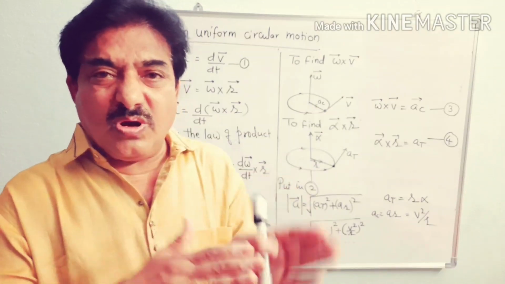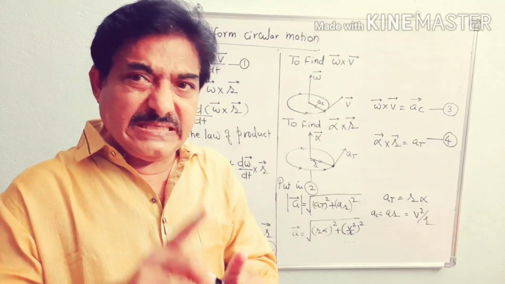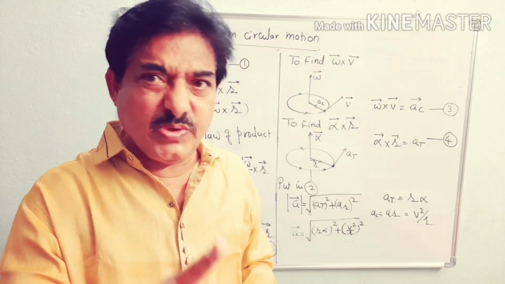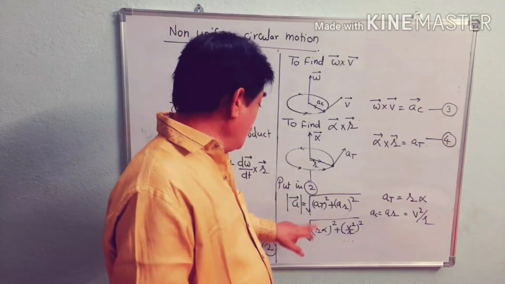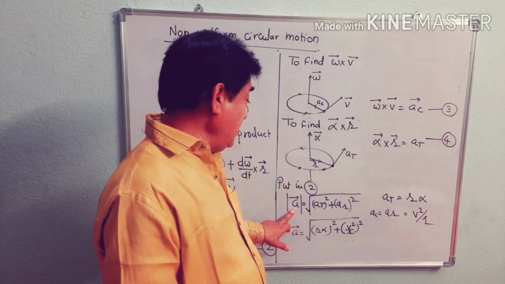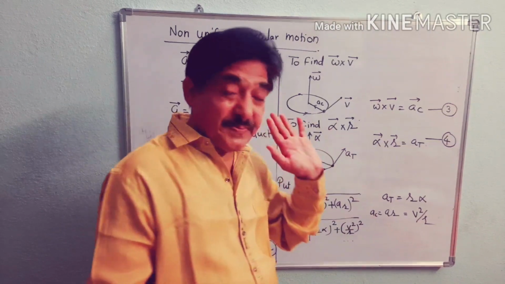Just as the magnitude of an orthogonal vector A is the square root of AX square plus AY square, in this way the magnitude of acceleration is the square root of AT square plus AR square.